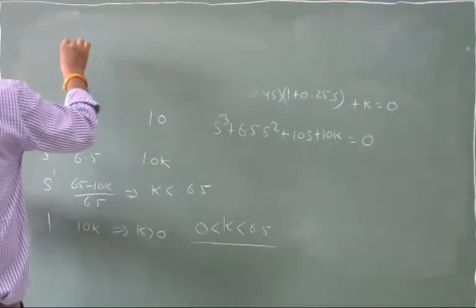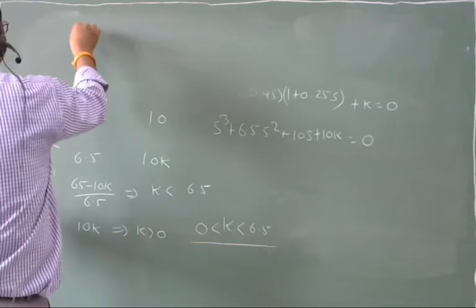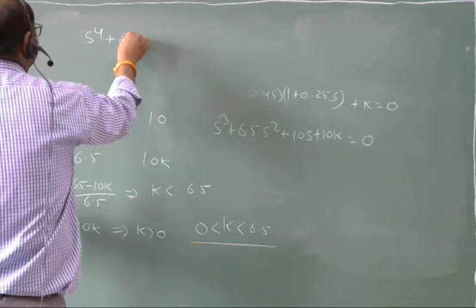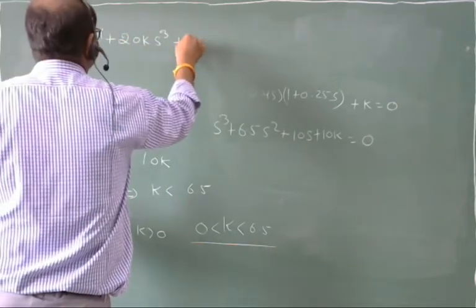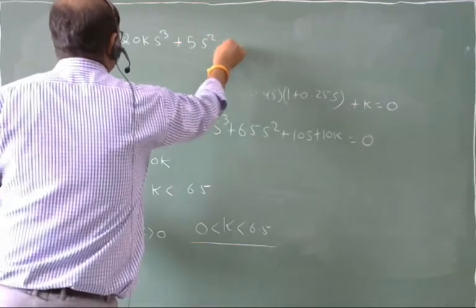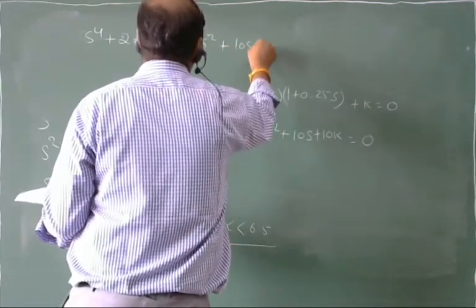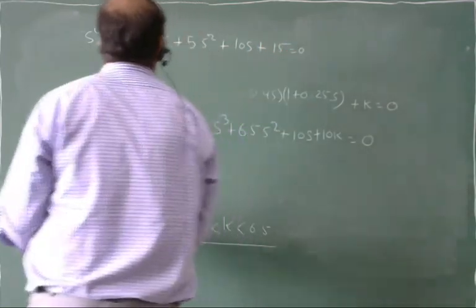Another question: s power 4 plus 20K s cube plus 5s square plus 10s plus 15 is equal to 0.